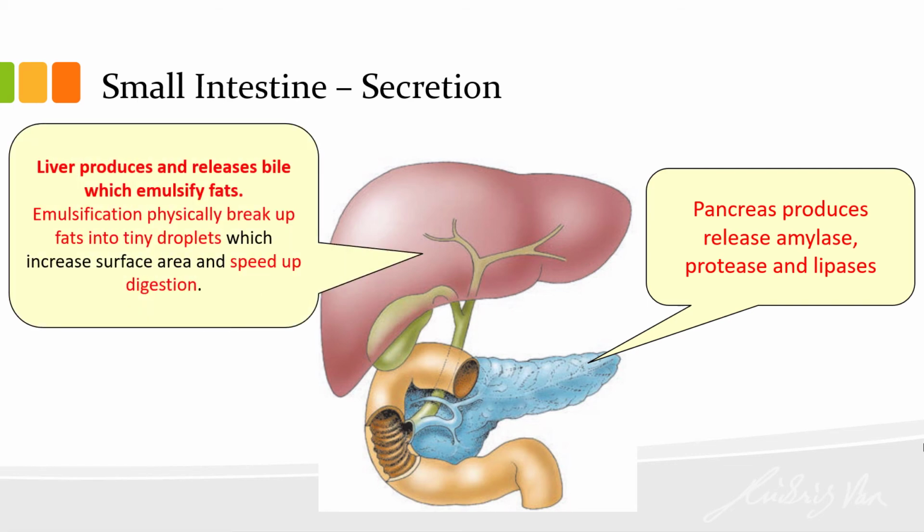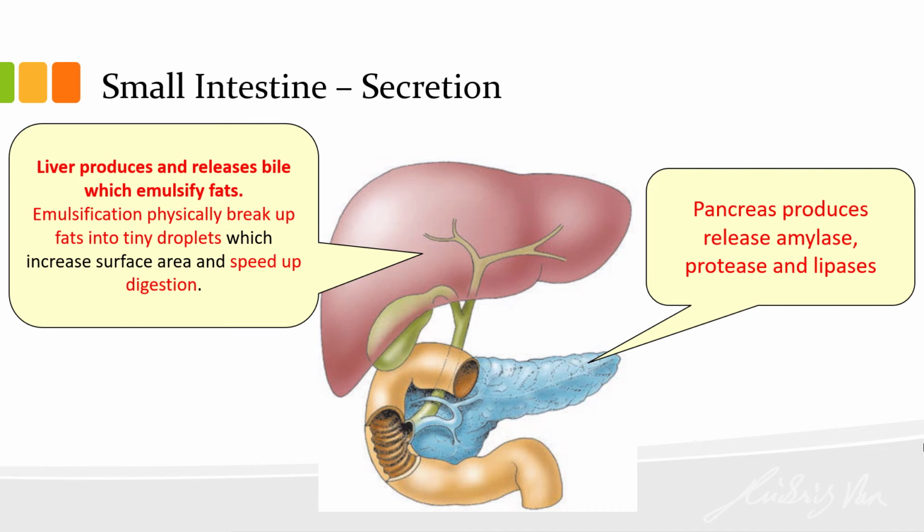Our liver produces and releases bile, which emulsifies fats. So here you will see a new word, emulsify. What's the meaning of emulsify? Emulsification is the physical breakup of fats into tiny droplets. This will help to increase surface area and speed up digestion.